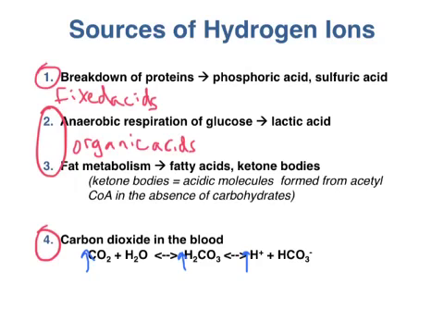So this source of hydrogen ions is referred to as a volatile acid, or sometimes a respiratory acid, because levels of these hydrogen ions decrease in the body through gas exchange at the lungs. As you're getting rid of carbon dioxide, you're getting rid of that carbonic acid.